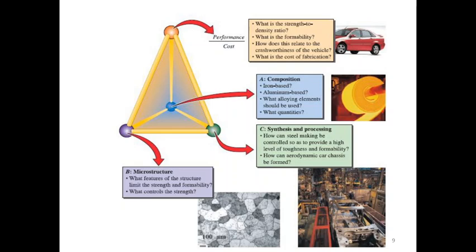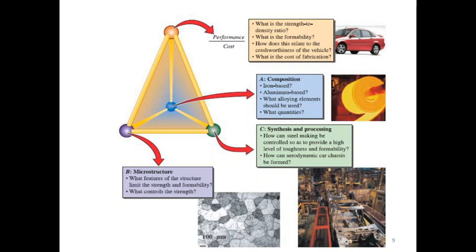The steel sheets also should be able to absorb a significant amount of energy in the event of a crash, thereby increasing vehicle safety. So these are somewhat contradictory requirements, and it is very difficult to satisfy all of them. So the role of the materials engineer is very important in this particular scenario.